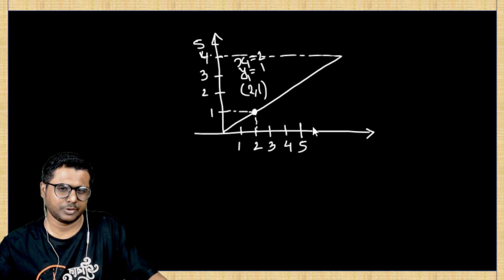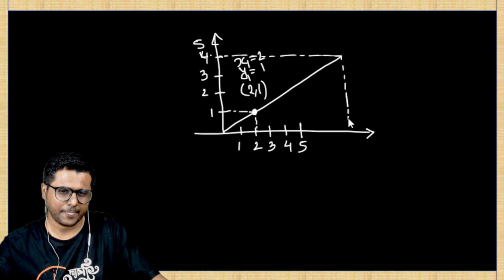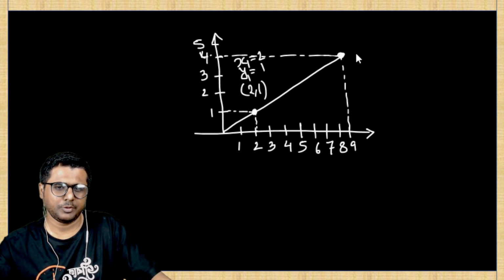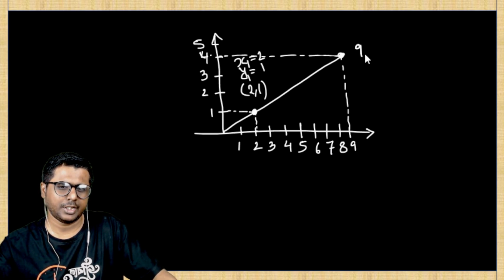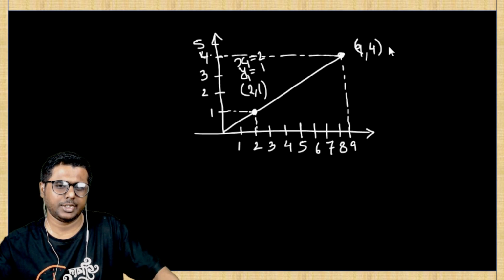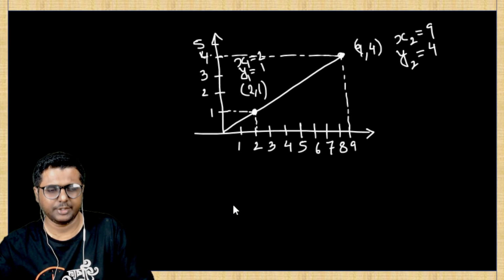And let us take another point, say this point. So here I have to extend, 6, 7, so this is 9. So this point will be 9, 4. That is, x2 is equal to 9, y2 is equal to 4. Okay?